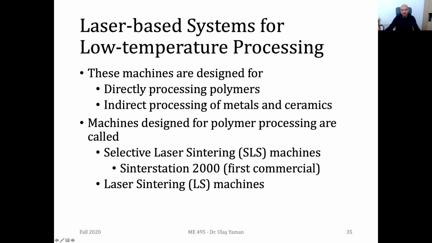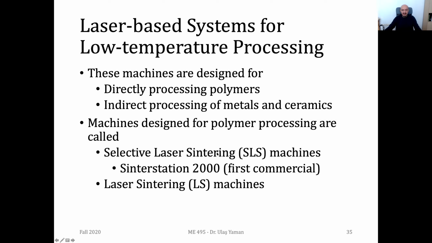But for metals and ceramics, it will not be the final process. It will be a kind of indirect processing, since your laser power will not be able to melt the metal powders. So that's why you need to do further sintering and infiltration processes. And that's why we call it indirect processing of metals.